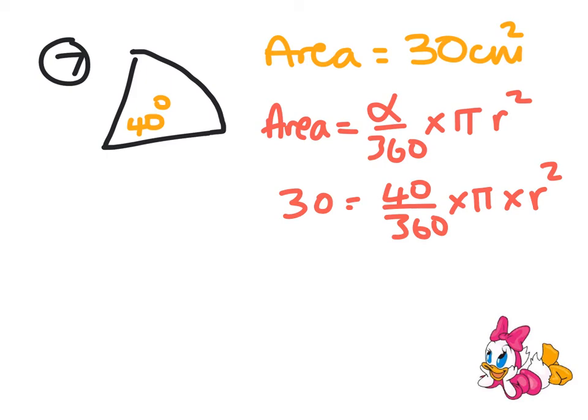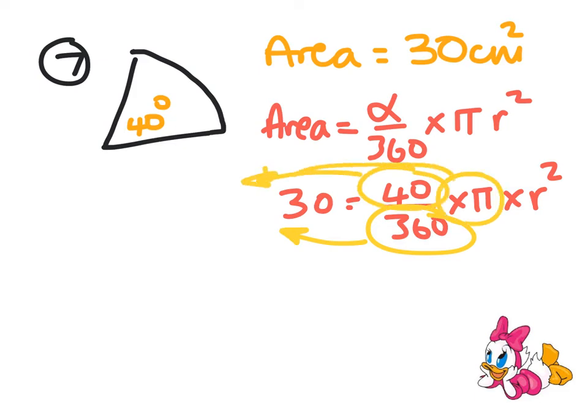However, if we just do the process of the 360 needs to move over, the 40 needs to move over, and the pi needs to move over, then we're going to end up with r squared equals, and you can fill those bits in, and then square rooting that tells you what the radius is.